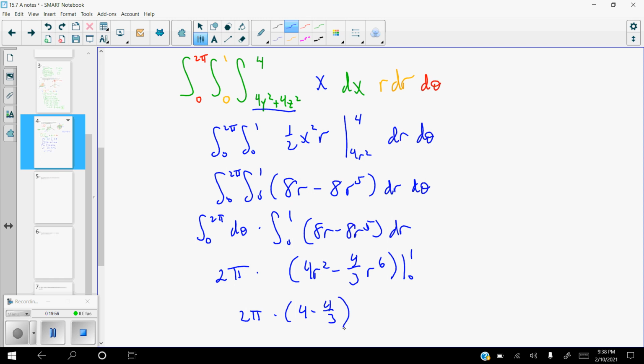Plugging 0 in zeros it out. So let's see, we are going to get 4 minus 4/3 is going to be, what is that, 12 minus 4, so 8/3. So we're going to get 16 pi-thirds. That is the correct answer.